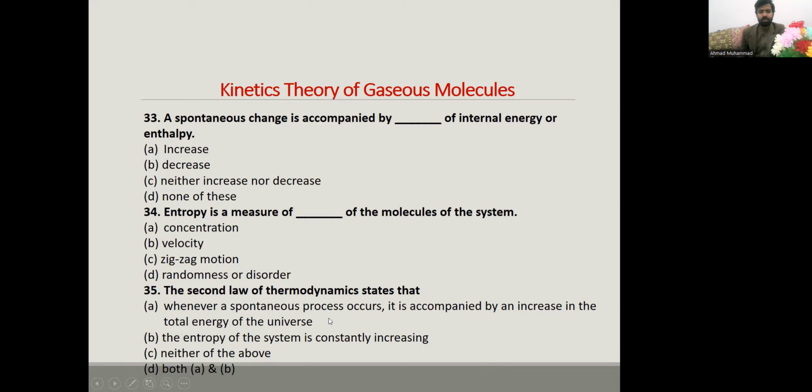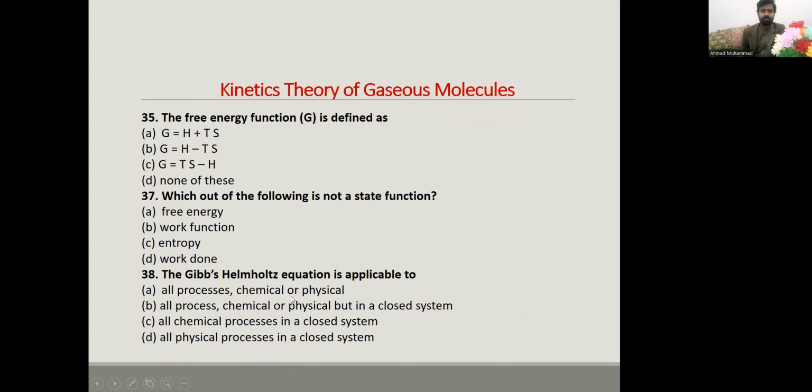The entropy of a system is constantly increasing, neither of the above, both A and B. So the right option from these four options is D, both A and B. The Gibbs free energy G is defined as G is equal to H plus Ts, G is equal to H minus Ts, G is equal to Ts minus H, and D is none of these. So the right option is B, G is equal to H minus Ts.